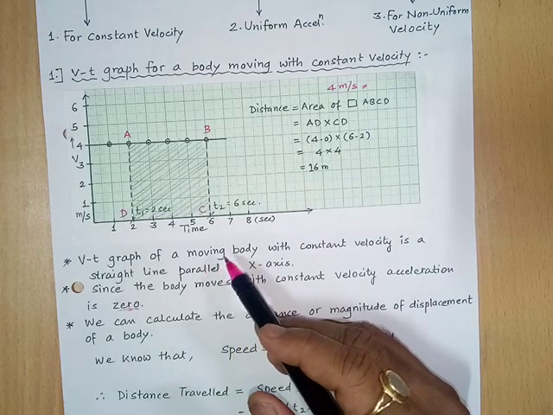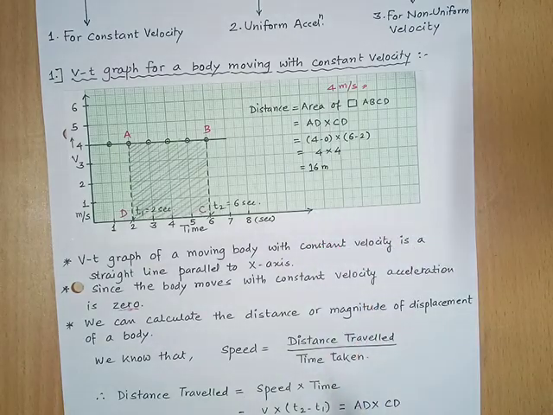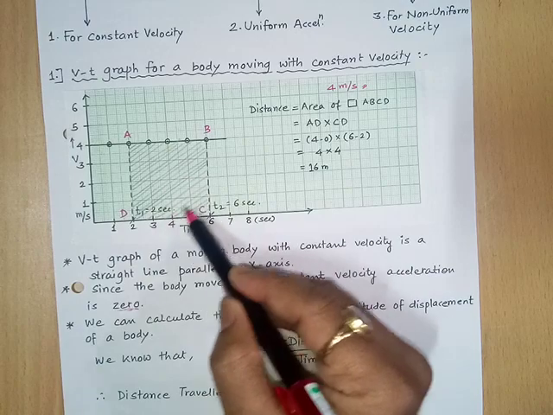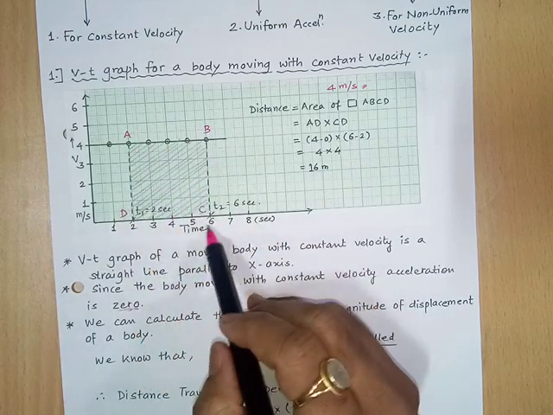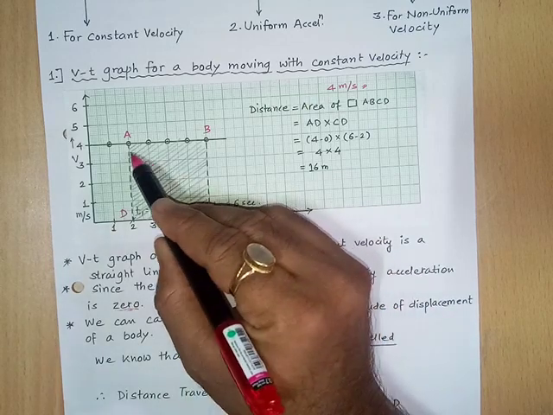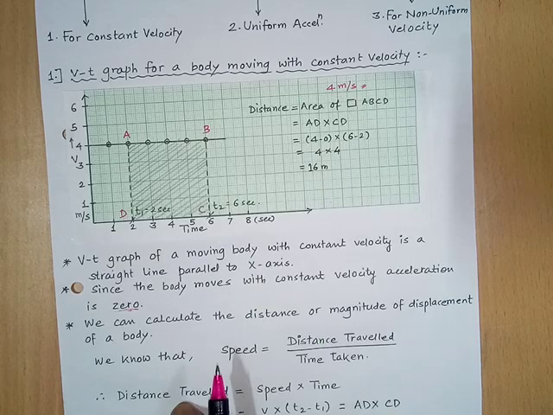I have shaded this area. In this case it is a square, but it may be a rectangle. The area of the square or rectangle gives us the distance traveled by the object.